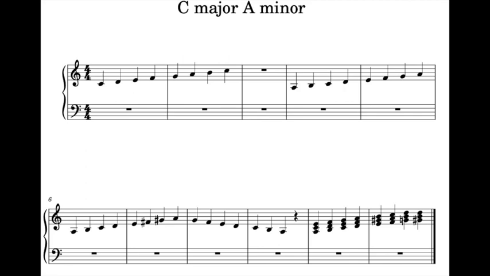So in C major we have 7 natural notes: C, D, E, F, G, A, B, C. In A minor we have 7 notes, but starting from A: A, B, C, D, E, F, G, A.